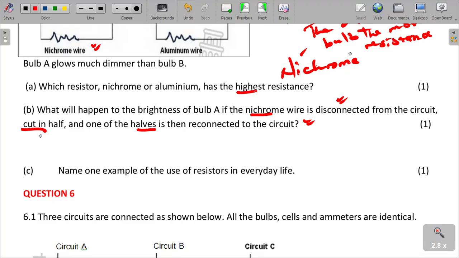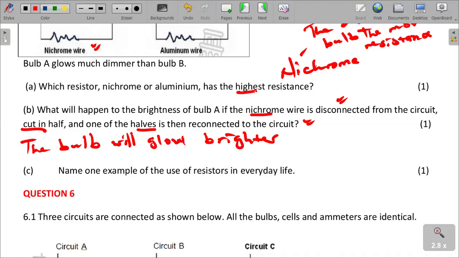So we are reducing the length of the resistor. What we need to understand is that the bulb will glow brighter, because the longer the resistor, the more the resistance, so the shorter the resistor, the less the resistance. The bulb will glow brighter.